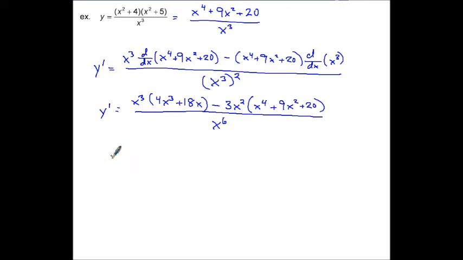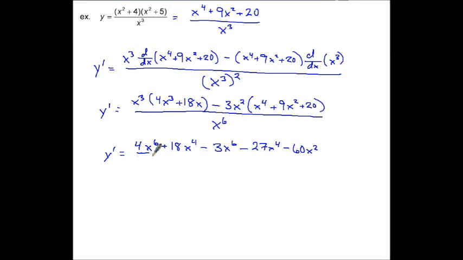Alright, a little more cleanup is in order. I'm going to distribute my x to the third and get myself a 4x to the sixth plus 18x to the fourth. Distributing my negative 3x squared gets me a negative 3x to the sixth minus 27x to the fourth, and then a minus 60x squared.